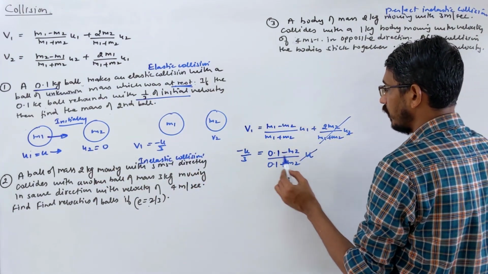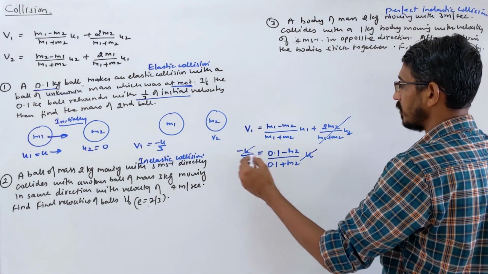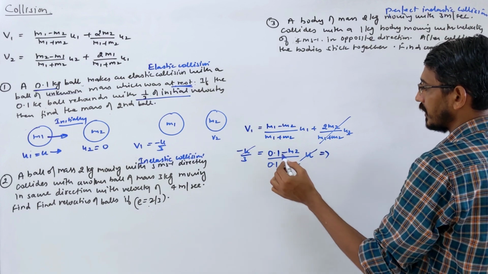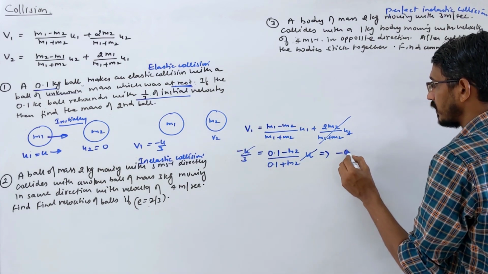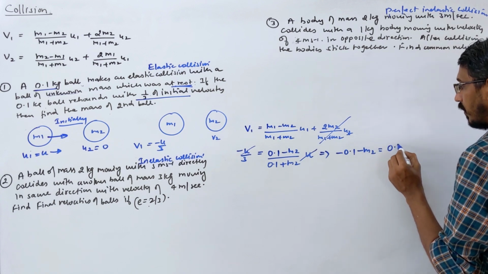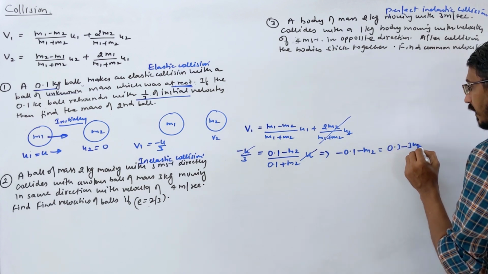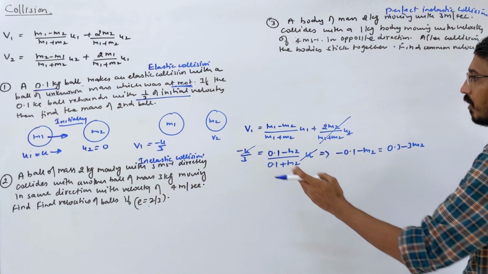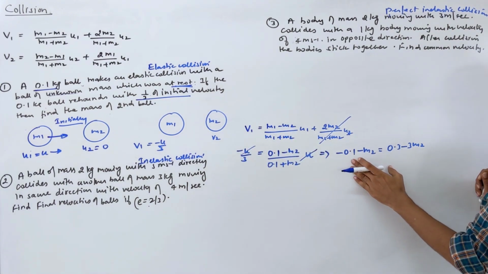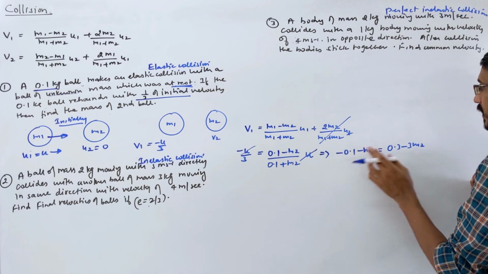Let's cancel. u gets cancelled here. Let's cross multiply these numbers. So minus 1 by 3 and these numbers. We get minus 0.1 minus m2 is equal to 0.3 and minus 3 m2. Cross multiplying. Let's send the m2 terms to this side and the numbers to that side.